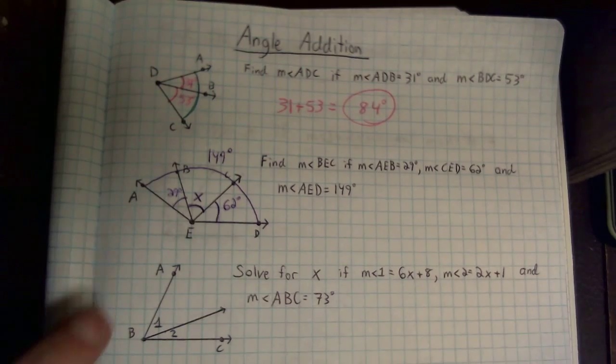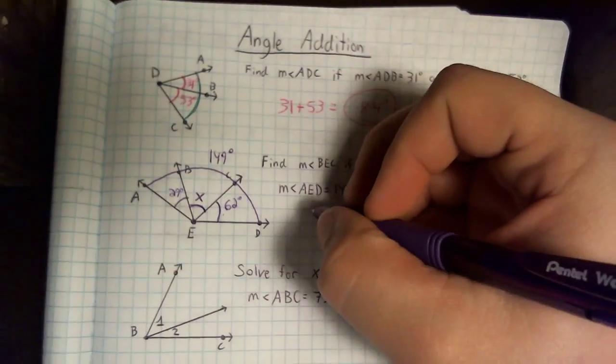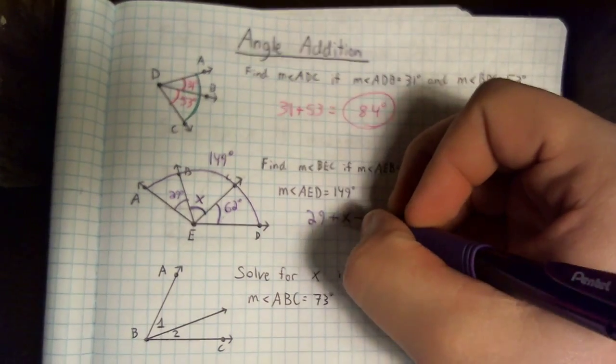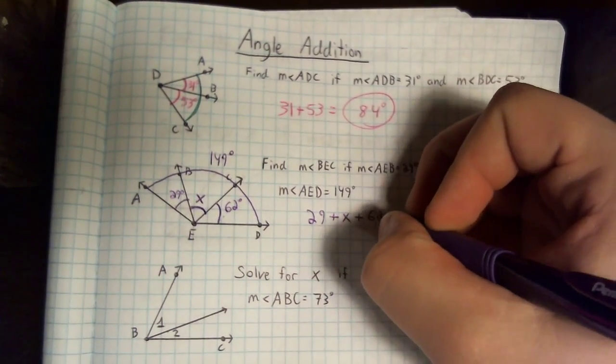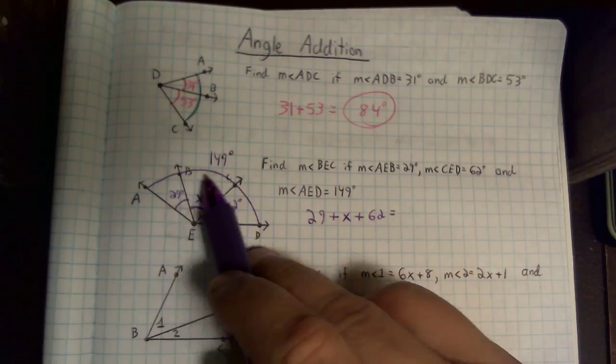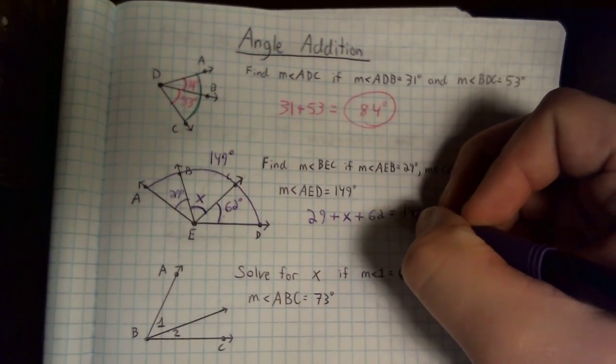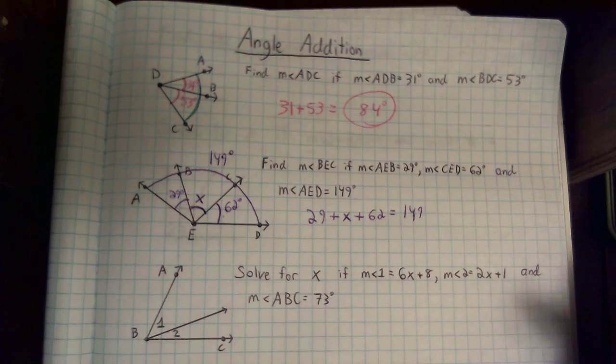So I'm still adding these smaller pieces together. 29, this mystery angle, and 62. And we know that it's going to total the entire bigger angle of 149. So that's the algebraic expression that I'm going to set up.